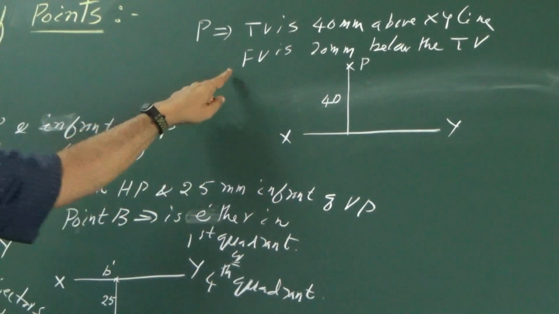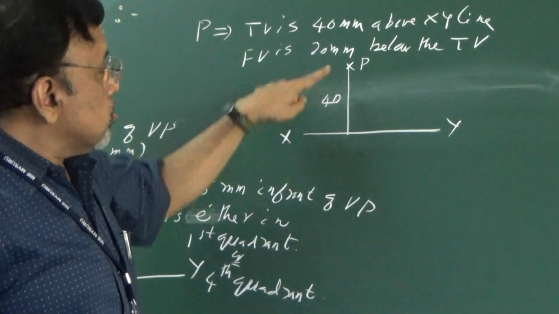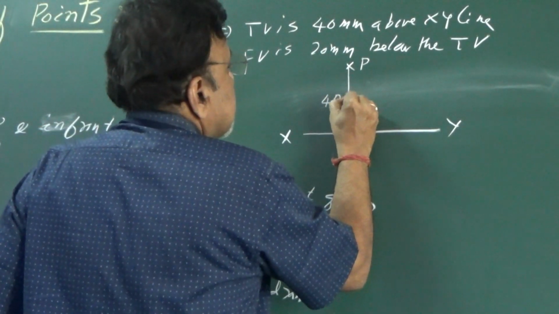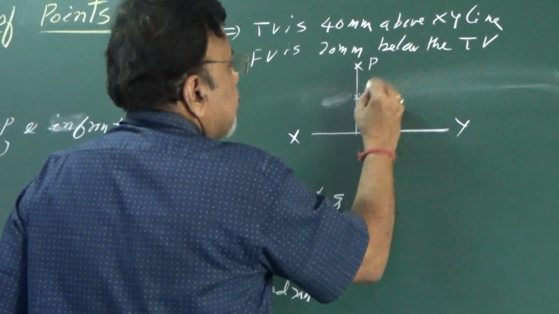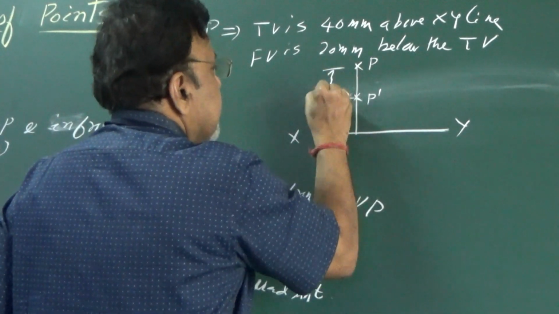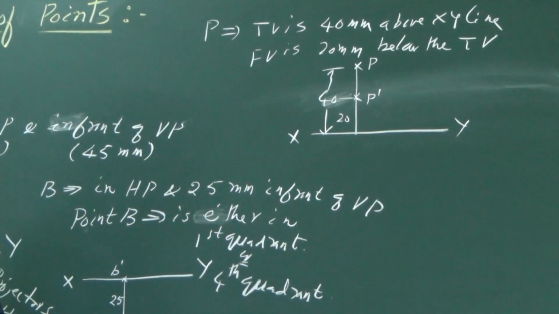Then the front view is 20 mm below the top view, so the front view will be somewhere here, and this is the front view P dash. So this is 20 and this is 40. I have just drawn the projections.